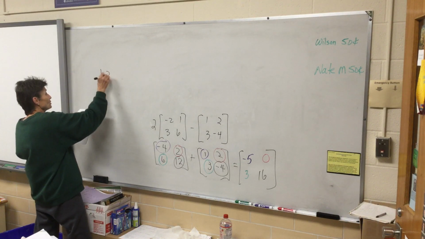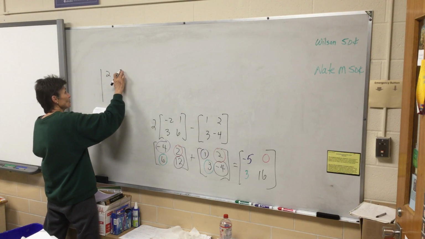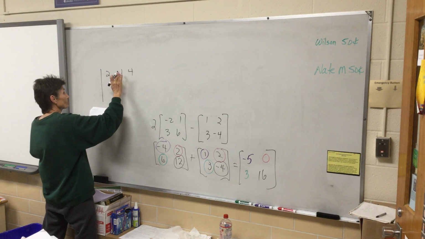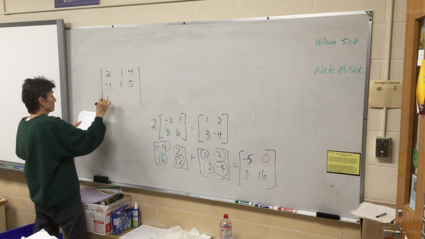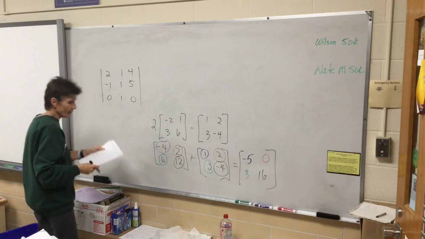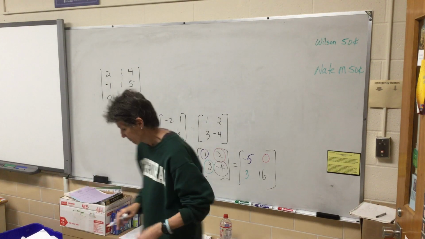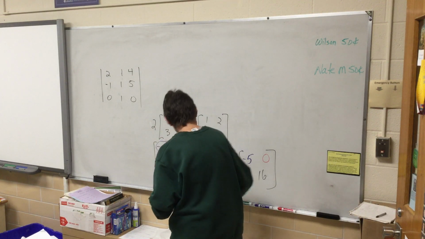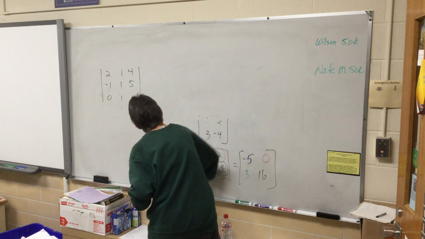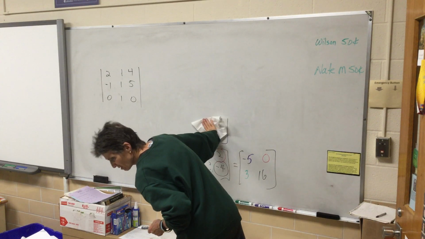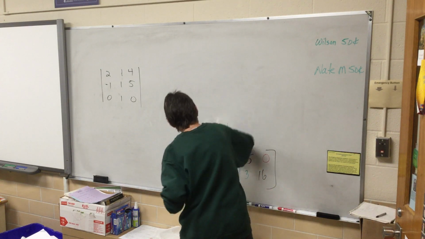All right, now we've got a 3 by 3 determinant. Zane Hill, do you remember what to do here?